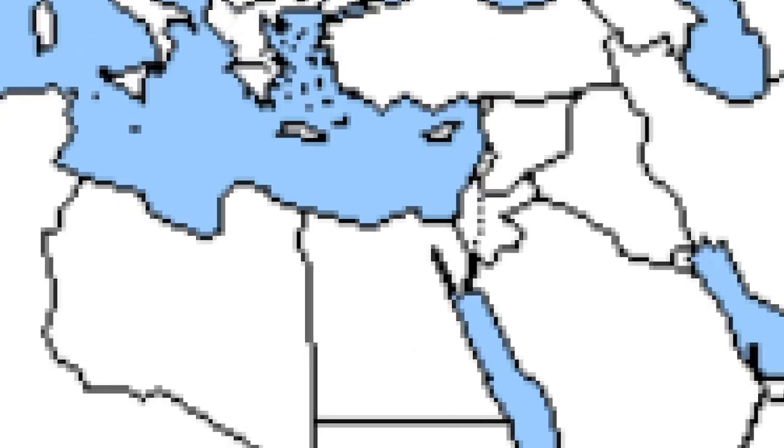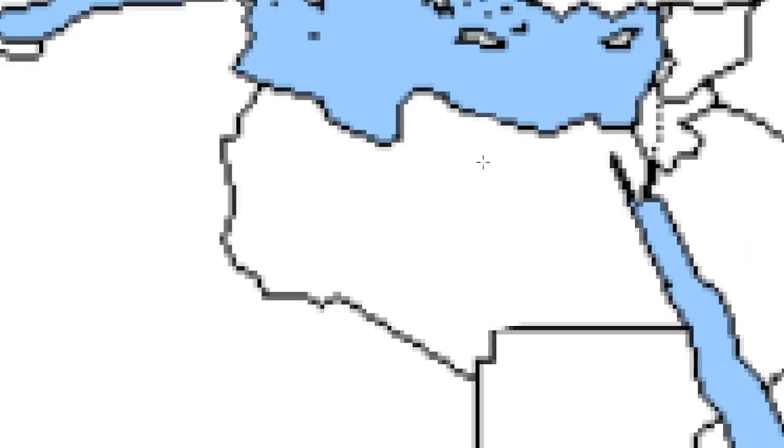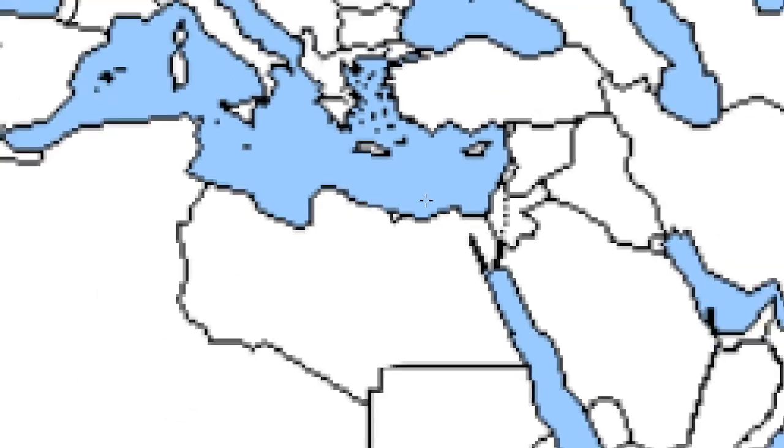That does not go well, because the Battle of El Alamein is a great victory. Actually, wait, sorry. That actually does go well, but not for long, because there's this little city called El Alamein, and Australian troops are sticking there.